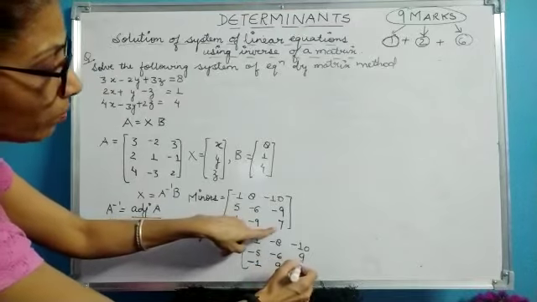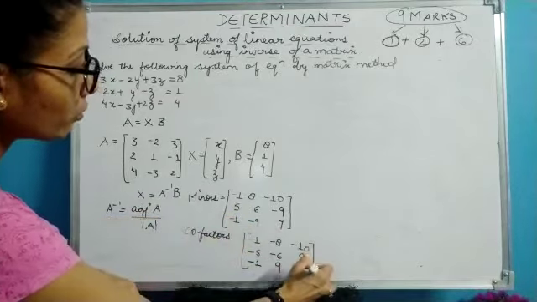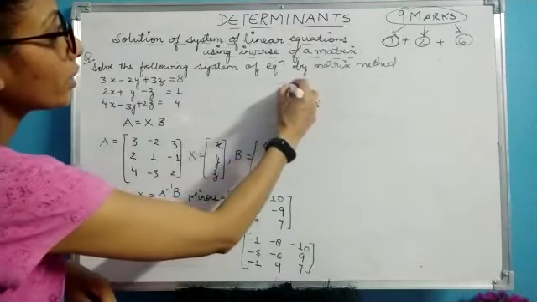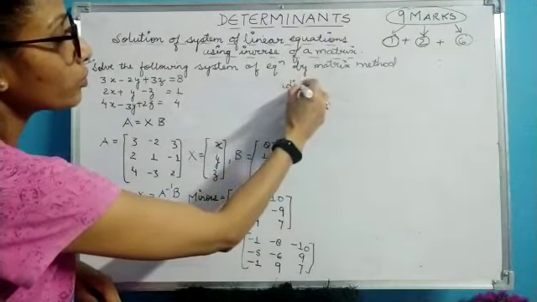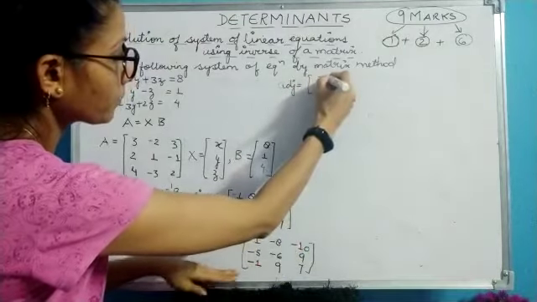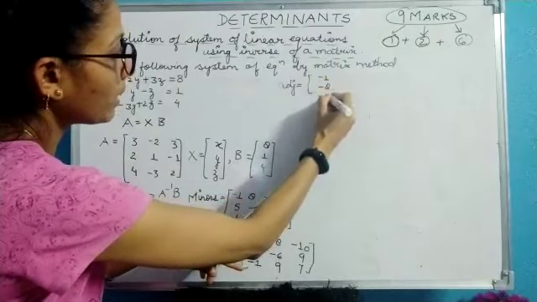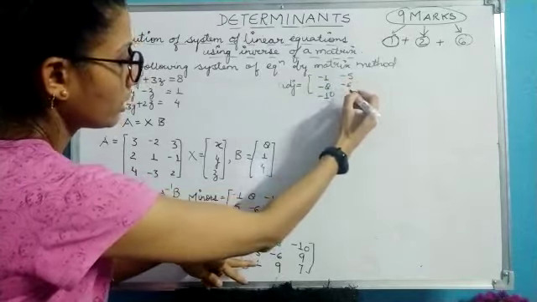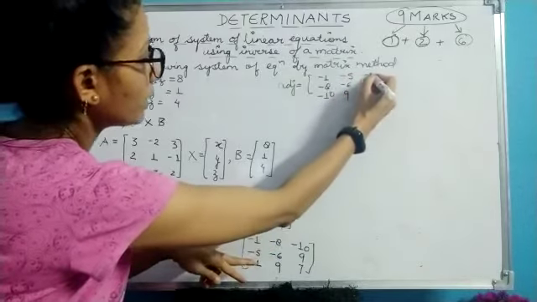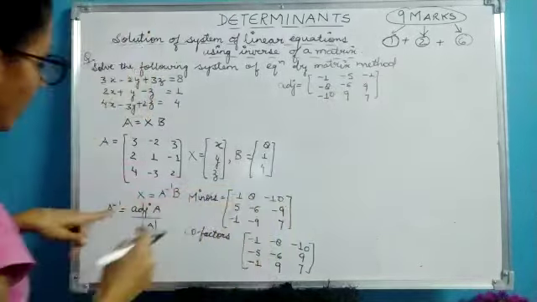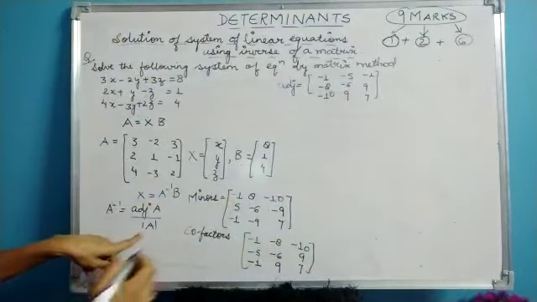And this will be your plus, which will be 7. So these are the cofactors. Now, adjoint of A can be calculated by transposing it. So adjoint of A is minus 1, minus 8, minus 10, minus 5, minus 6, 9, minus 1, 9 and 7.